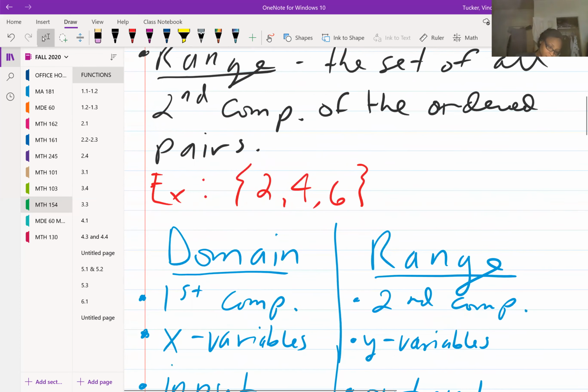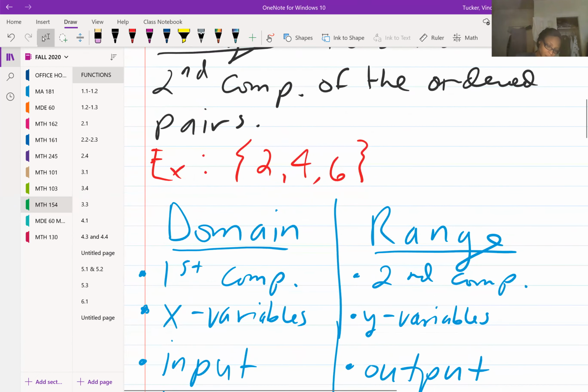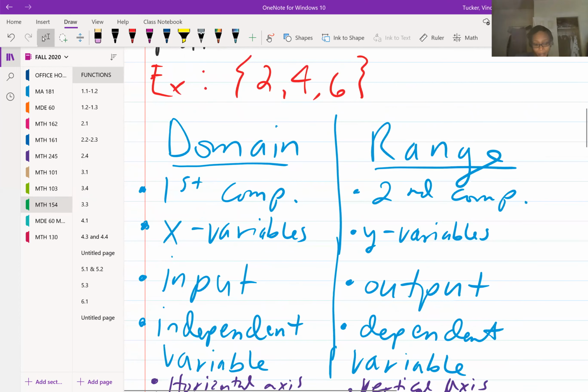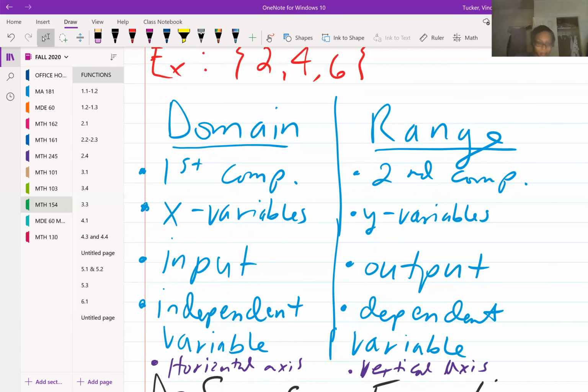Anybody still holding on to range? Okay. The distinct differences between your domain and range, like we already mentioned: your domain is your first component, your range is your second component. That means your domain will be your x variables, range will be your y variables. Your domain is considered your input, while your range is considered your output. Your domain will be your independent variable, range will be your dependent variable.